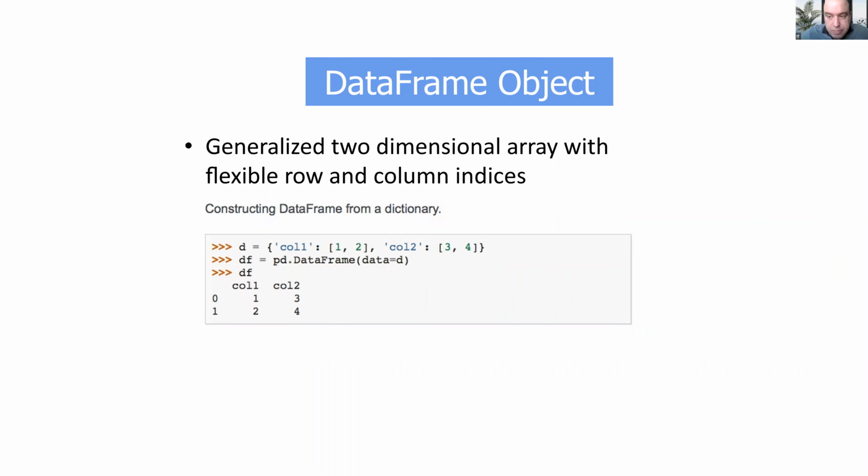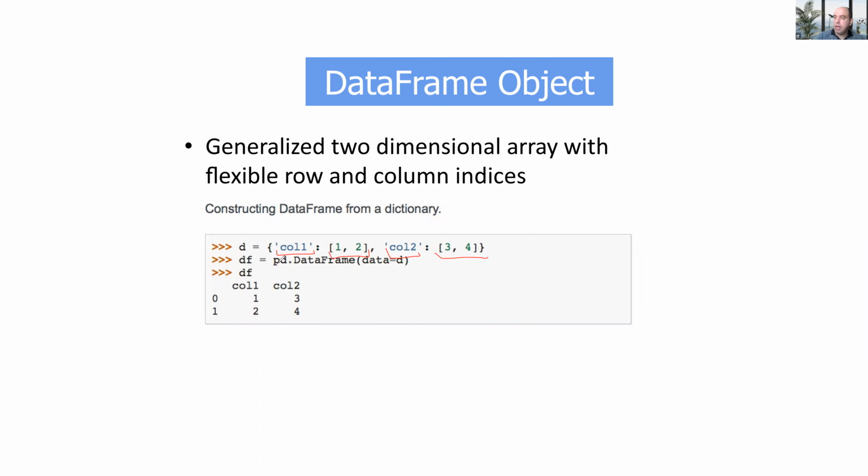What is a data frame? So a data frame is just many series combined together. We define the series, for instance, in this very simple example, we have two series. One is call1 with data 1 and 2, and the other is call2 with data 3 and 4.